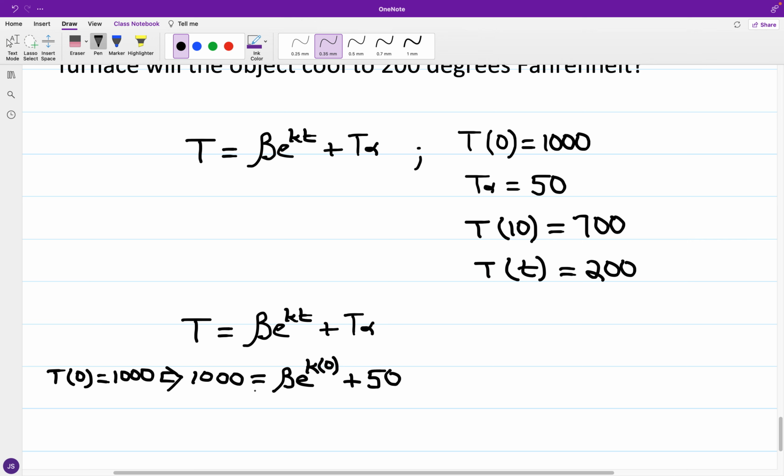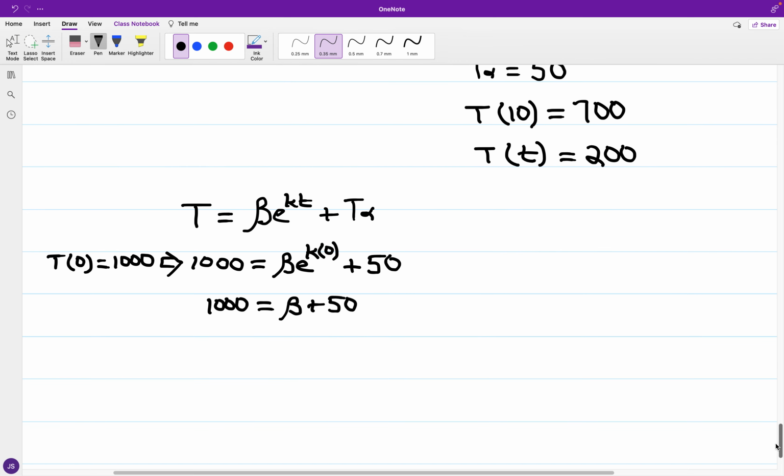Now k times 0 is 0, and e to the 0 is going to be 1. So we have that 1000 is equal to beta plus 50. Taking 50 away from both sides, beta is going to be equal to 950. So we now have beta at 950.